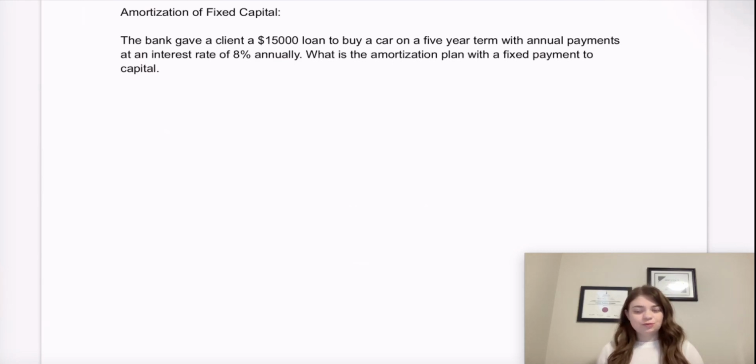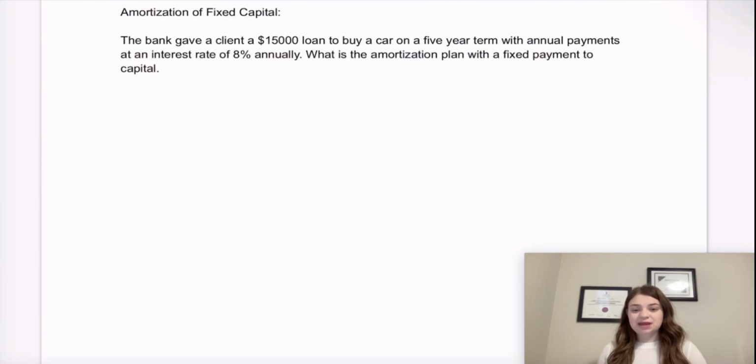Okay, so translation, what does any of this mean? Basically, right now, today, the bank is going to give this client $15,000 right now. That client is going to use that $15,000 to go buy a car with. And then the client is going to owe the bank $15,000 back. And they're going to make one payment per year in order to pay off that loan.